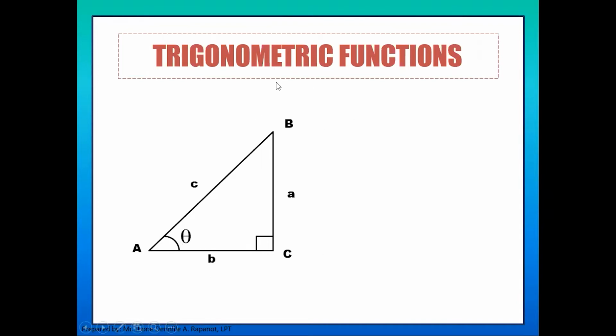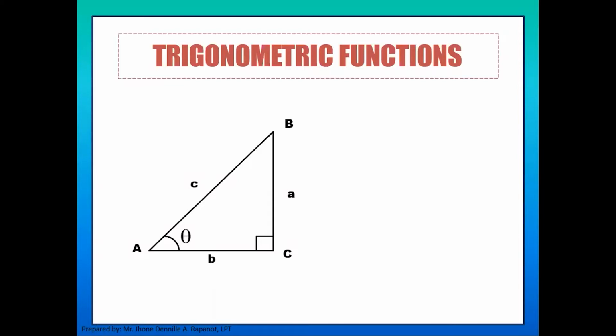Again, if the position of your angle theta in the right triangle is different from this, there is another version for solving for sine, cosine, and other trigonometric functions. But what you have to remember here is to use the position of your angle theta as your guide to identify which is opposite and which is adjacent.